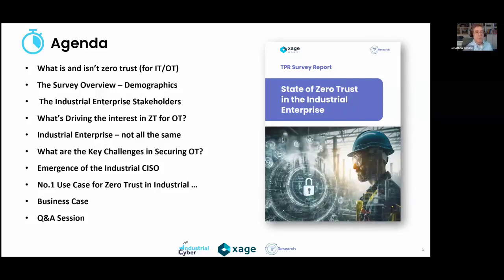Then we're going to look at the unique challenges of securing OT within these environments, and this evolving role of what we refer to as the industrial CISO, the Industrial Chief Information Security Officer. Then very quickly, we'll run back to look at the number one use case for zero trust in this environment, and then very briefly look at how to build a business case for zero trust. And then we will hopefully leave time for questions.